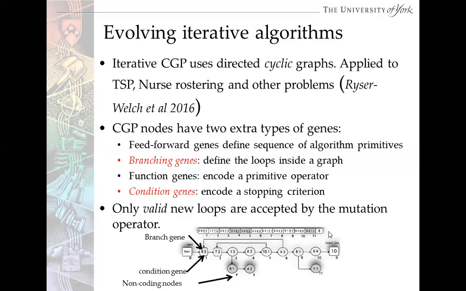Here's the genotype. It's got a lot of extra genes because of these branching genes and condition genes. The other genes are standard CGP. You can see here it encodes a graph with loops. When the loop's finished, it jumps to the next instruction outside the loop.